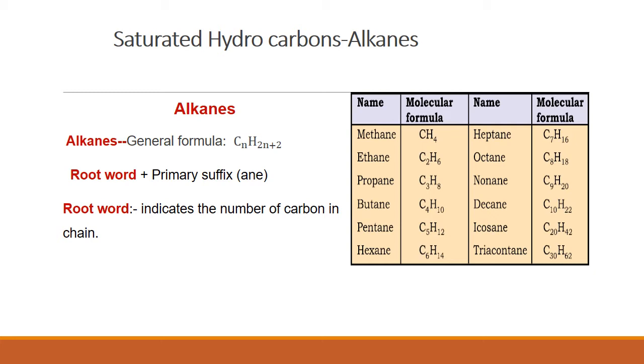Depending upon the number of carbons, these are named methane, ethane, propane, butane, pentane, hexane, having carbons 1, 2, 3, 4, 5, 6 respectively. And the alkane with 10 carbons is known as decane. So on the basis of alkanes, we can study the type of carbons and the alkyl groups present in a molecule.